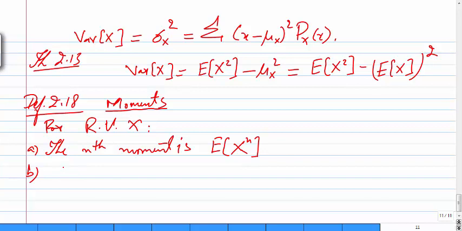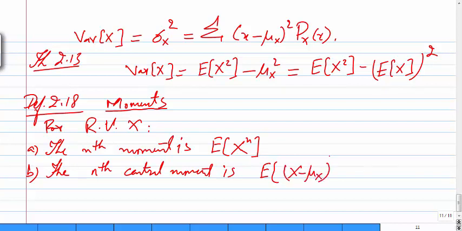Similarly, the nth central moment is the expectation of (X minus mean value) to the power n. So this is the nth central moment.